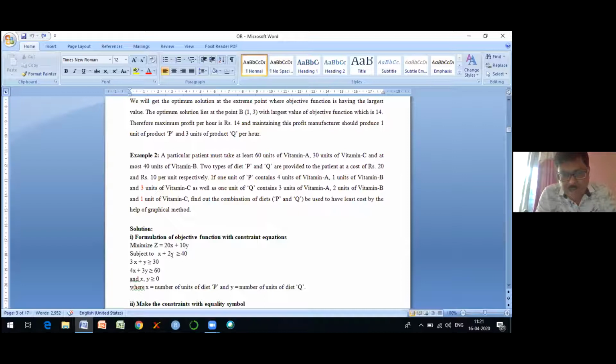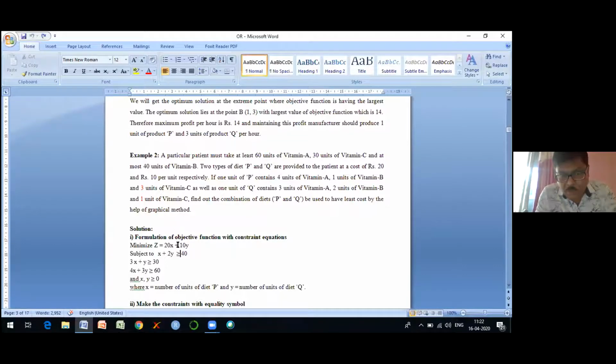But in case of vitamin B, if it is more than 40 in your body, it will create some sort of problem. That's why it is written at most 40 units. That means the maximum requirement is 40 units.